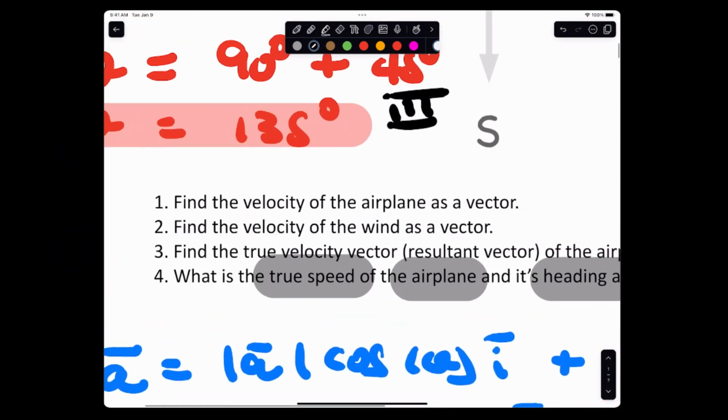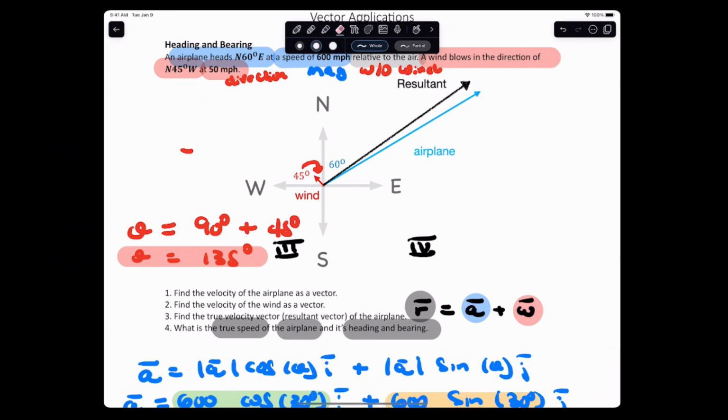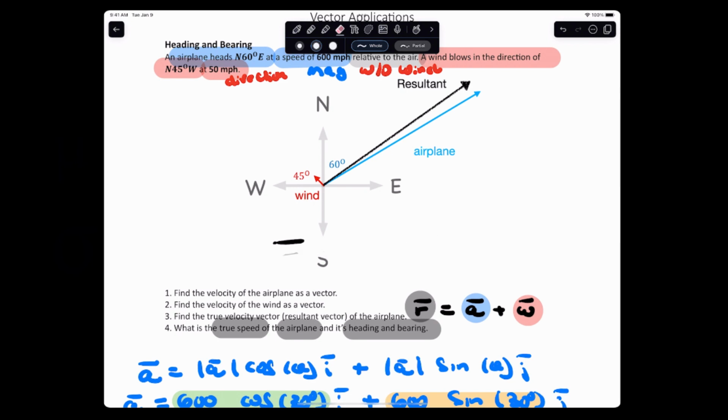Go back here. So what are they asking for? This is code for saying, what in the world is the magnitude of vector R. And you're going to have to find the direction theta.